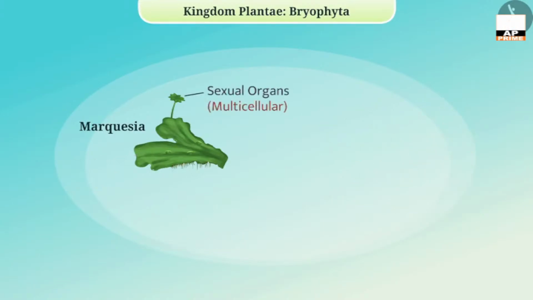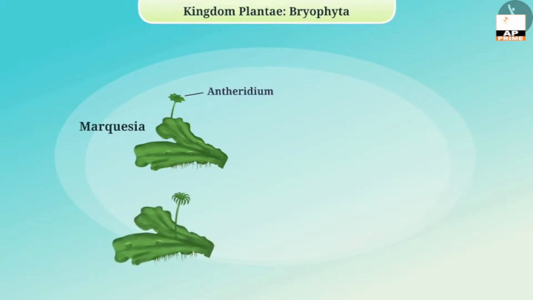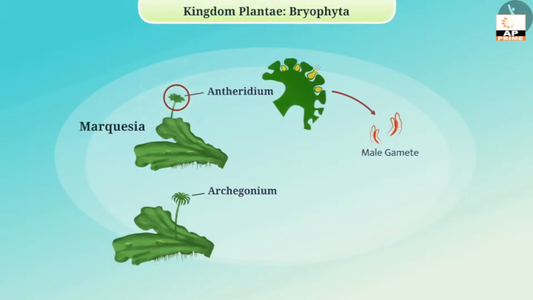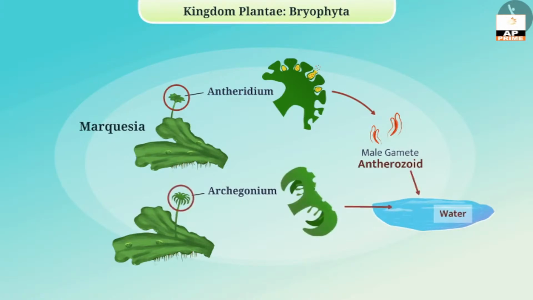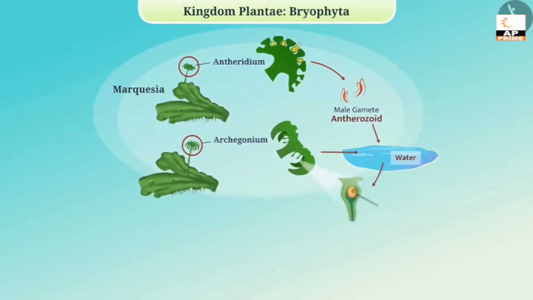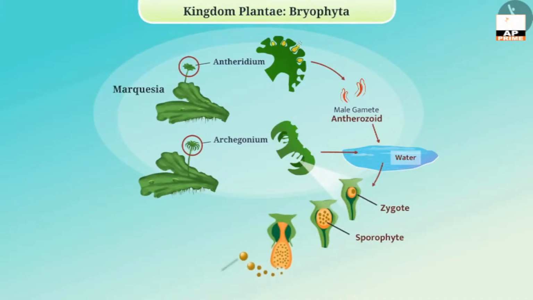The male sex organ is called antheridium and the female sex organ is called archegonium. From antheridia, male gamete antherozoid is developed, which is released on water. Here, its fertilization occurs with the female gamete egg and the zygote is formed. It is developed into sporophyte. Some of its cells are converted into spores. It develops and produces new organisms.